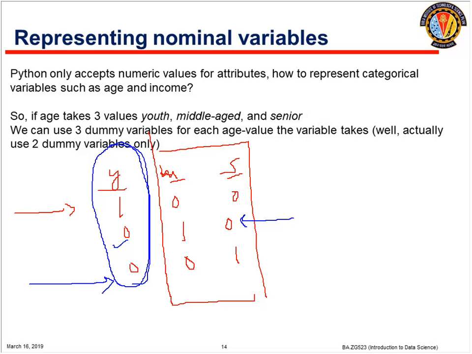Okay, so in this case you had 3 values for age, so you need only 3 minus 1, that is 2 dummy variables. Okay, so that is the idea behind dummy variables. And so instead of the single variable age, now you'll use 2 variables, because you remove one of them, one of the dummy variables is removed out of 3, so you will use 2.